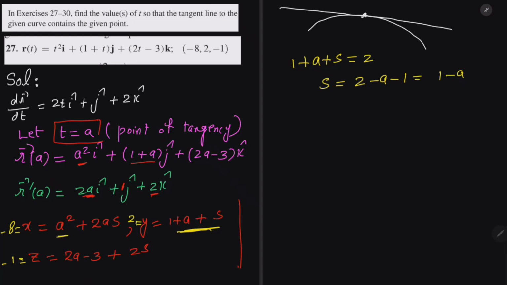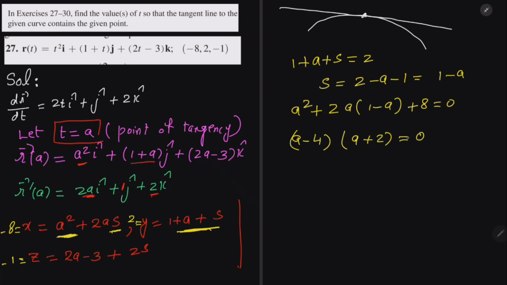Then I put that value into the first equation, and from that equation, a squared plus 2a, and s is 1 minus a, and plus 8. You can solve by quadratic formula. a squared minus 4a plus 2, that is equal to 0, and from here a is equal to 4 or a is equal to minus 2.